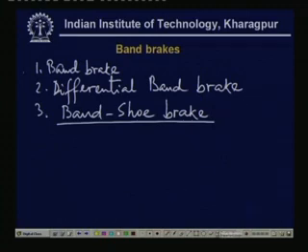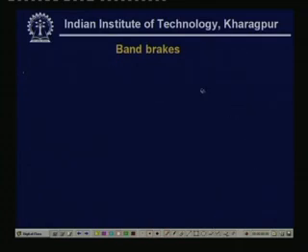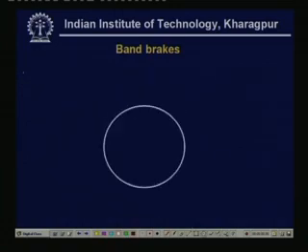Let me discuss it with one figure. So, we are now going to study this shoe band break. So, this is the drum, and there is a band over here.